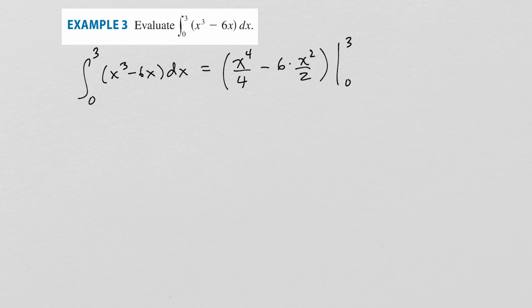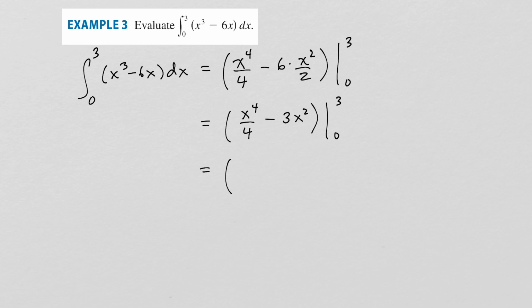But also, you want to make sure that you simplify your function as much as possible before you plug in your limits of integration. So 6 divided by 2 is 3, so it would be useful to write this as 3x squared there.